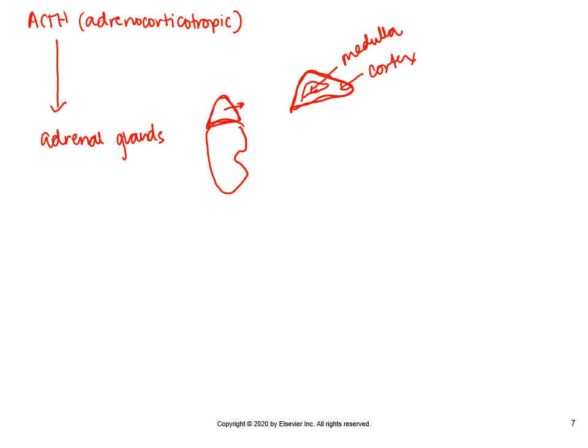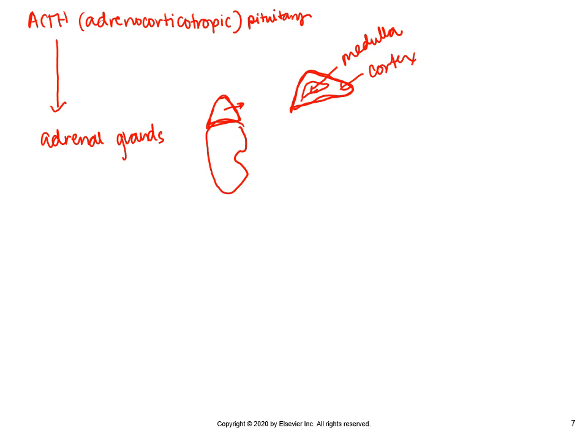All right, so let's go back to the hormone. ACTH, or adrenocorticotropic hormone, is being released from the pituitary gland. Now it's going to the adrenal glands, and it's controlling the function of those adrenal glands' hormones.